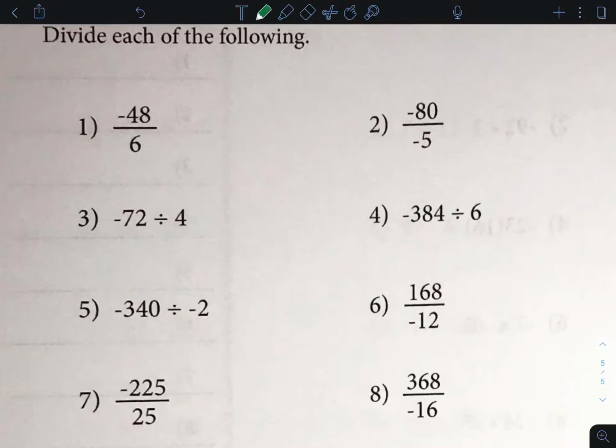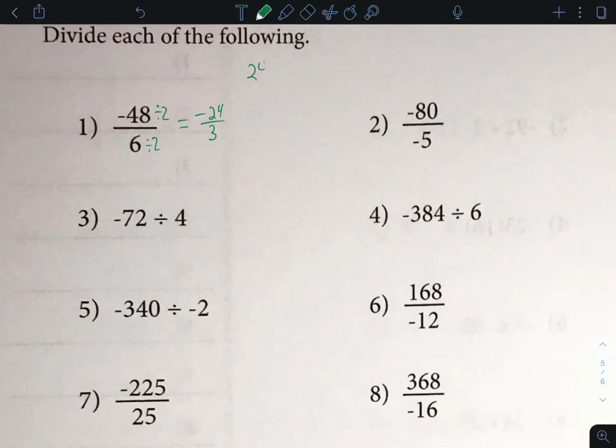Well, 6 is even and 48 is even, so I can divide 6 by 2, and I can divide 48 by 2. If I do that, then negative 48 becomes negative 24. Negative 24 divided by 3. Does 3 and 24 have anything in common? No. So then here, this is the most simplified fraction I can have.